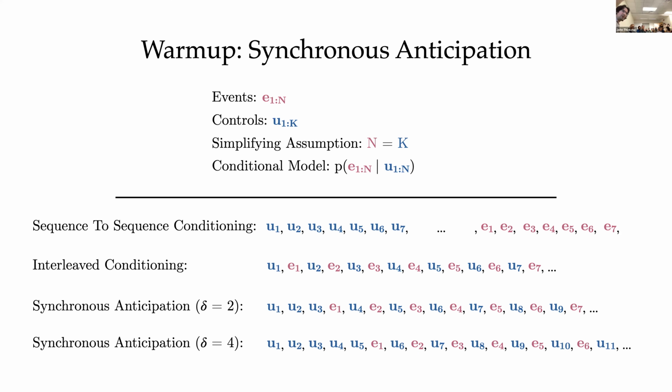I could set delta equals 4 and have a prefix of more controls to get a running start on this conditioning problem. And if I set delta equals infinity, then all my controls get shifted to the beginning of the sequence, and I recover the sequence-to-sequence modeling problem. But now I have a knob I can control. By picking this, I get to pick how long-range these artificial conditional dependencies are in the sequence versus how much I'm conditioning on when I'm predicting each event in the sequence.